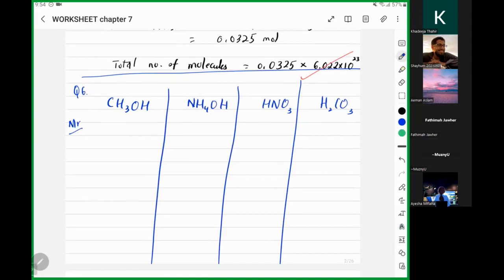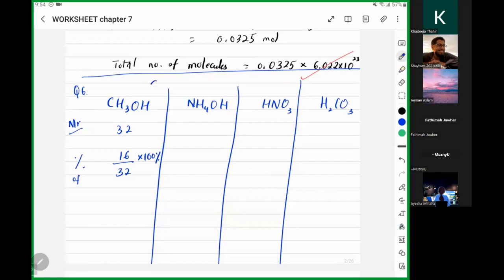So CH3OH will be 12 plus 3, 15, 15 plus 1, 16, 16 plus 16. So it will be 32. So for the percentage of oxygen, how many oxygens are in this? There's only 1, so 16 over 32, into 100. You understand what I'm doing?